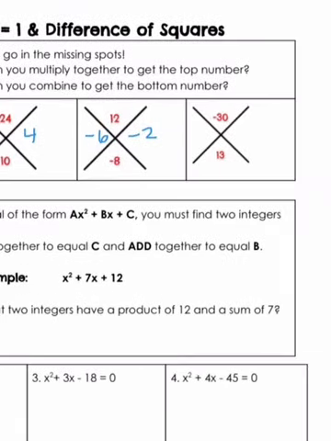The last one, what two numbers multiply to be negative 30 and add to be 13? Actually, I think I messed that one up.